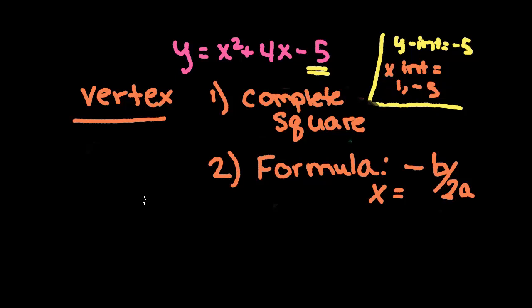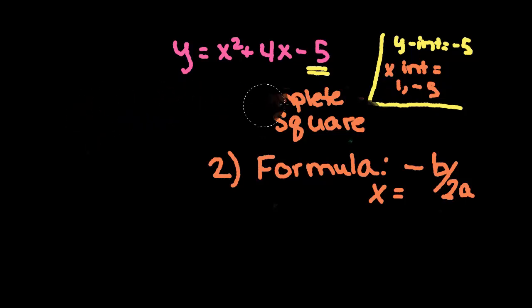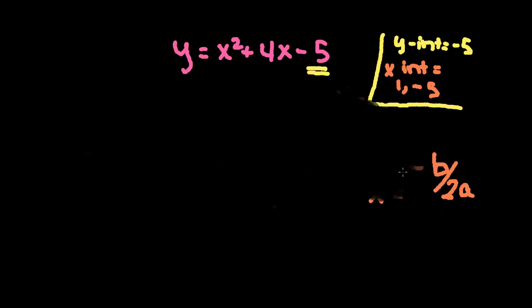So we'll go ahead and do both. And I think I am going to go ahead and write this down again. Making notes on this will make it easier for you. So let's use the negative b over 2a first, and then we will go ahead and talk about completing the square as well.